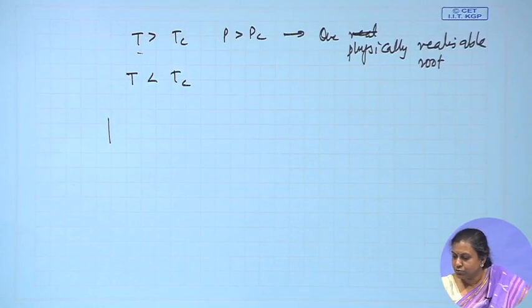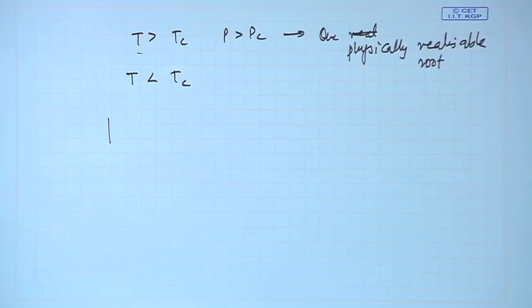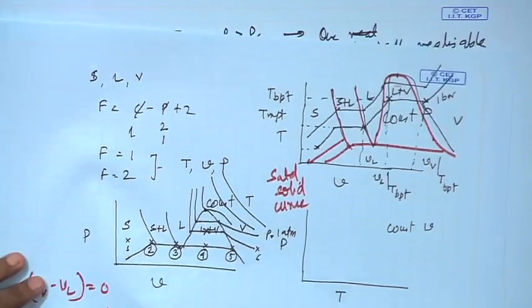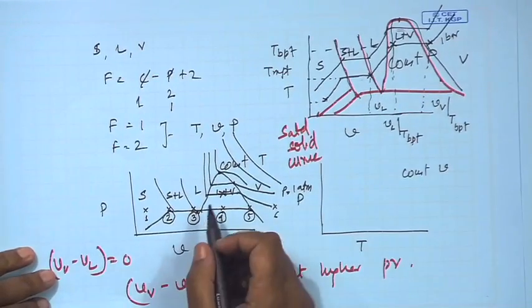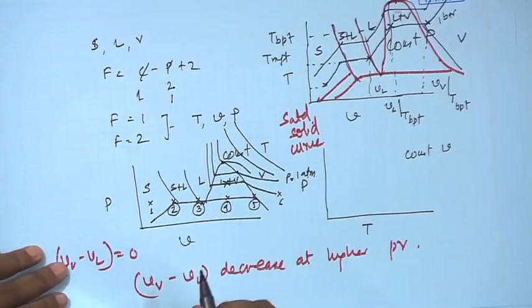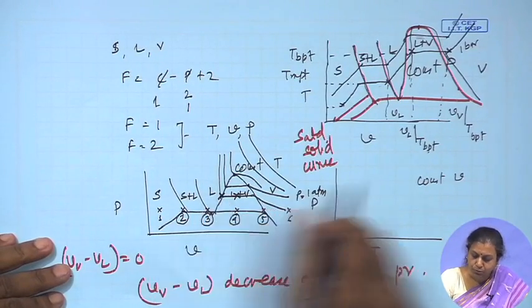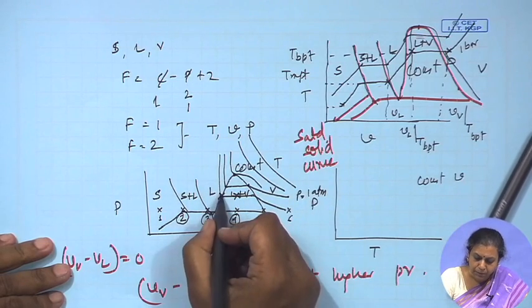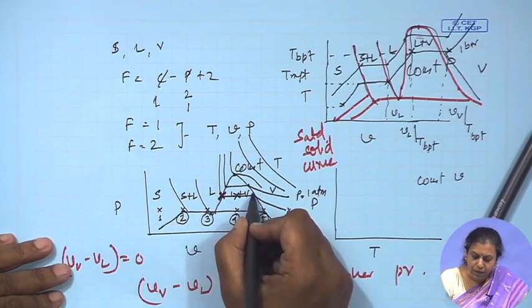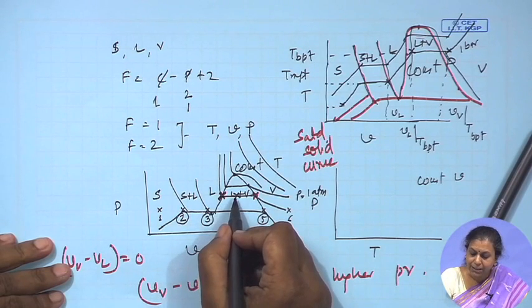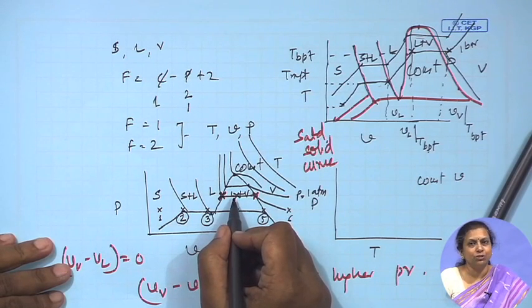That means you are working in this particular zone. Under this condition you get 3 roots. The lower root corresponds to the liquid volume, the other root corresponds to the vapor volume, and there will be an intermediate root which is the spurious root.